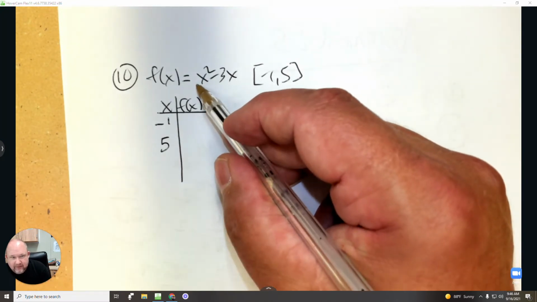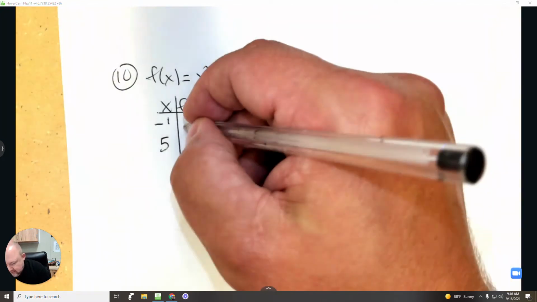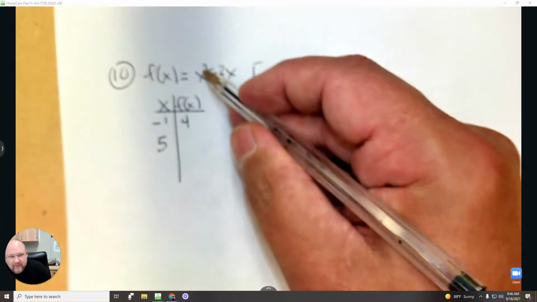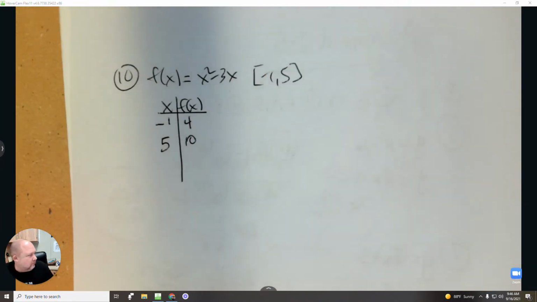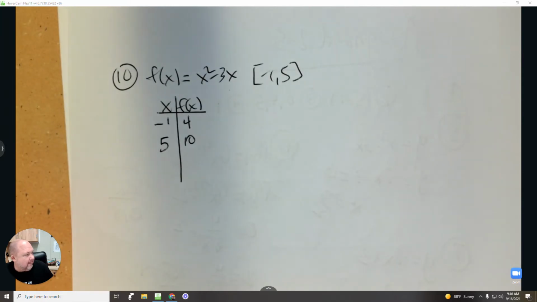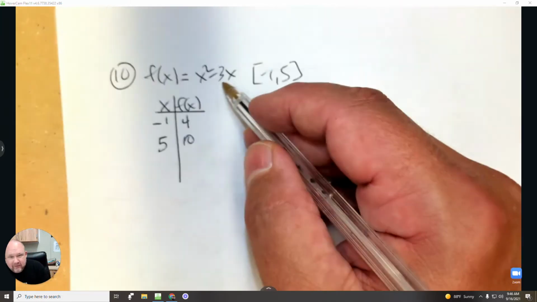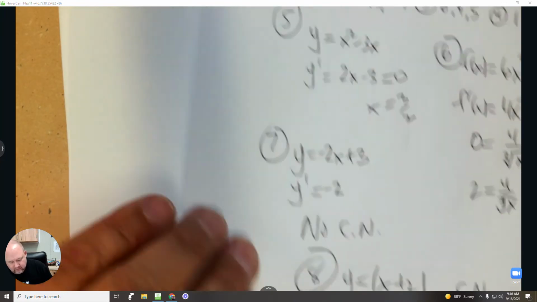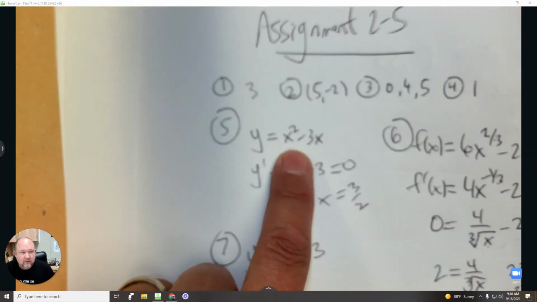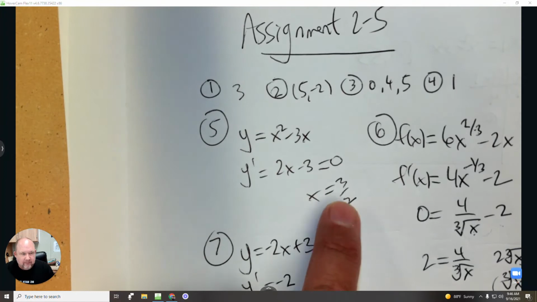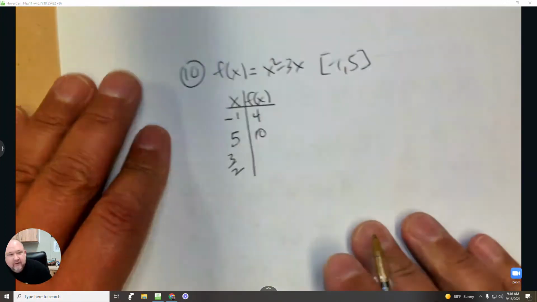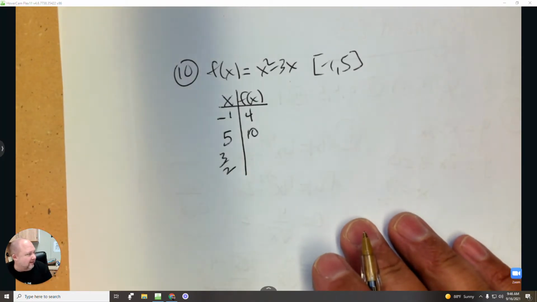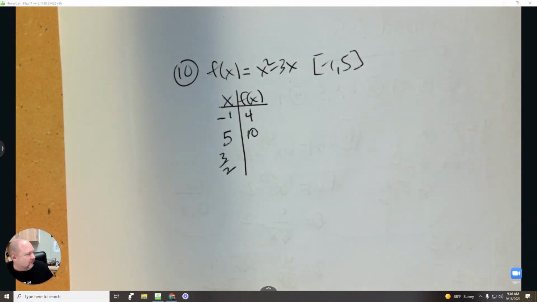So that's 1 and 3, so I think that's 4. This is 25, take away 15, so that's 10. And then we did this, remember on the last question, x squared minus here, the only critical number is 3 over 2, or 1.5. So if I plug 3 over 2 in there, I get the answer, -9 over 4.